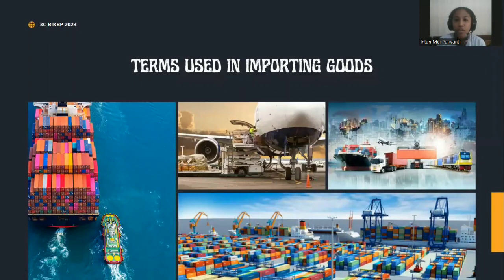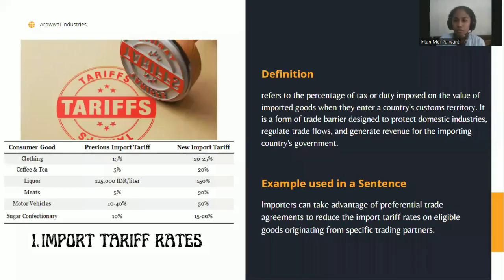So let's move to the next content, which is terms used in importing goods. The first term that I found is import tariff rates.